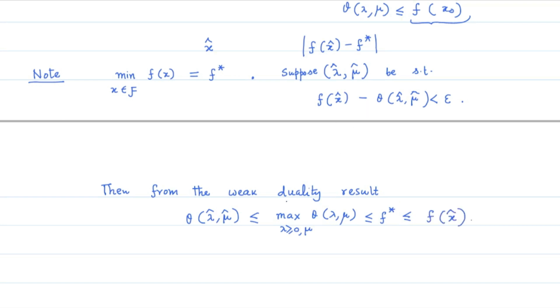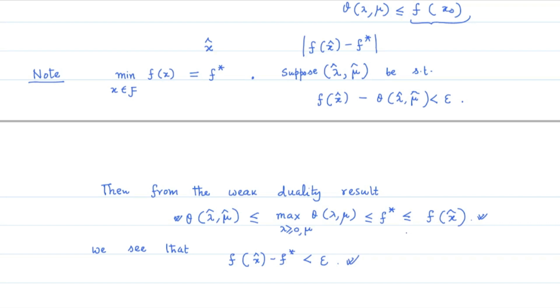Now if the difference between f x hat and theta lambda hat mu hat is less than epsilon, then the difference between f x hat and f star is certainly less than epsilon, right? Because if the difference between the leftmost and the rightmost quantity is less than epsilon, then the difference between any two of these four quantities is less than epsilon, and hence this inequality certainly holds.